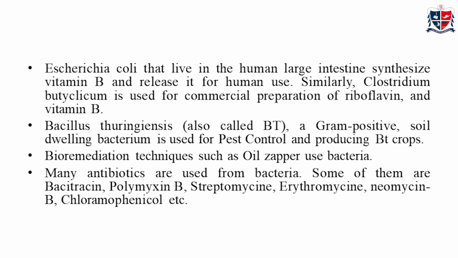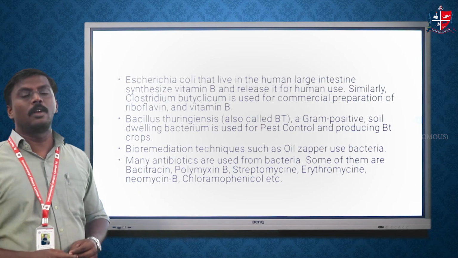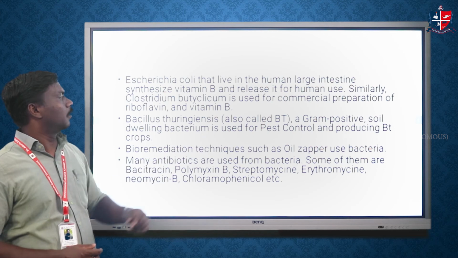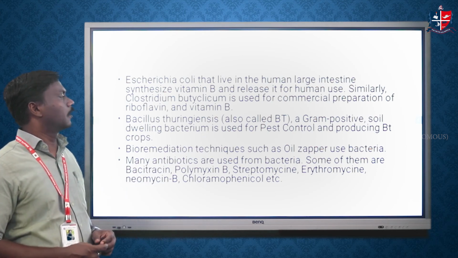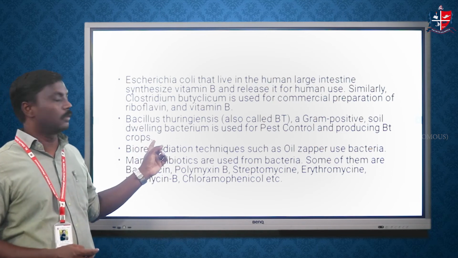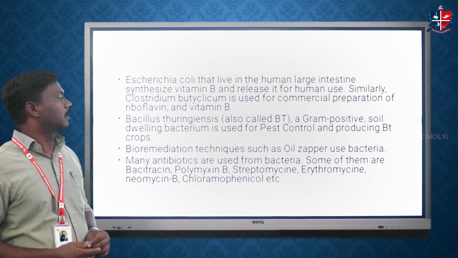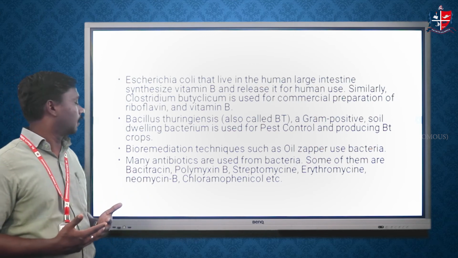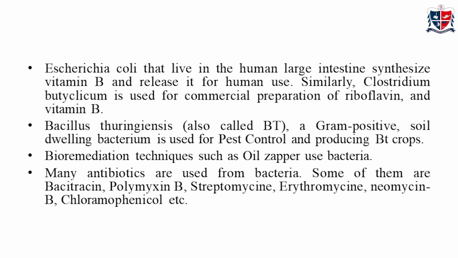Similarly, Clostridium botulinum is used for commercial preparation of riboflavin and vitamin B. Bacillus thuringiensis, also called BT, a gram-positive soil-dwelling bacterium, is used for pest control and to produce BT crops, that is, biotechnology-applied crops. Bioremediation techniques such as oil zappers use bacteria.